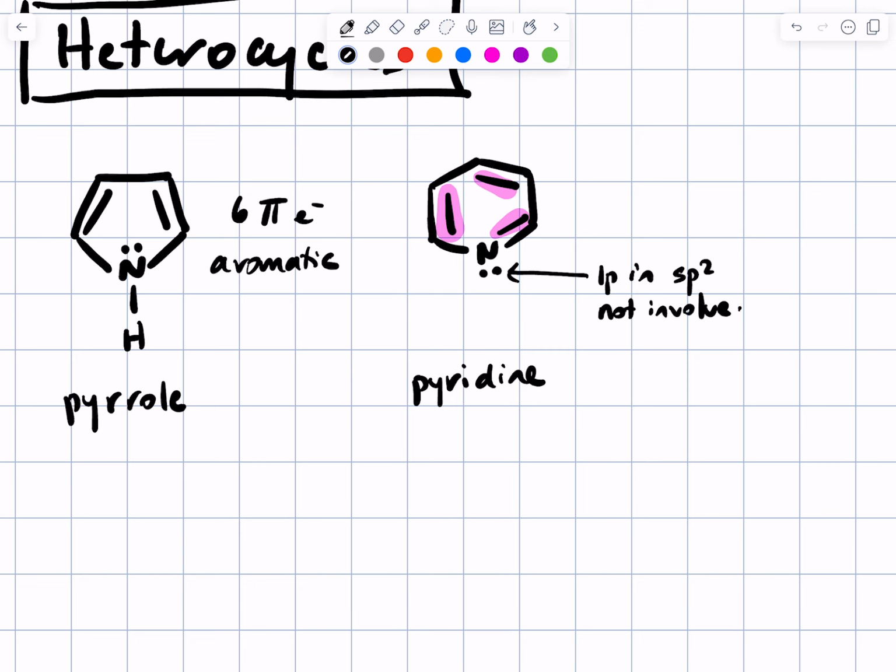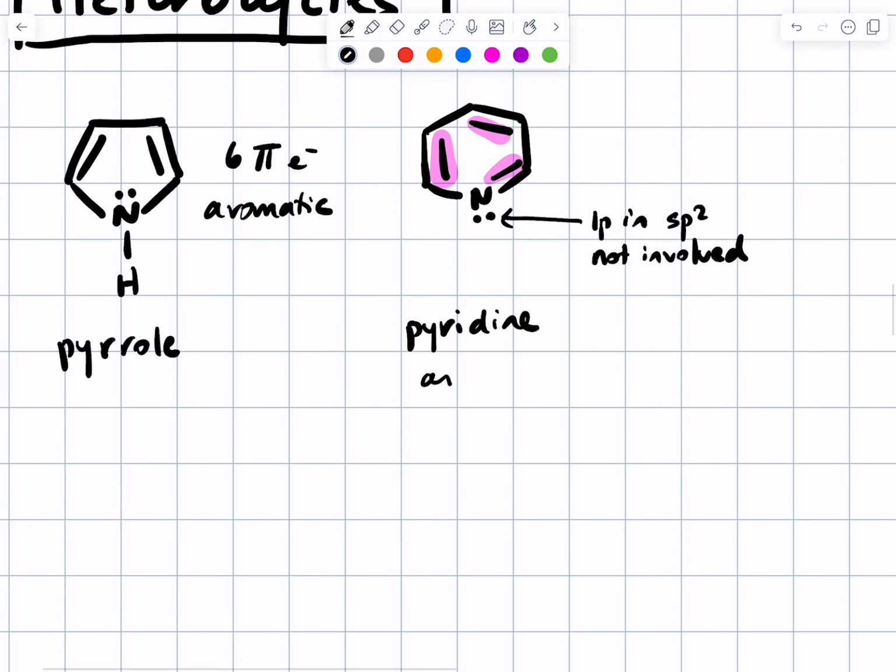And the ones on the nitrogen are not involved. So, pyridine is definitely aromatic. It has the right number of electrons. Notice also that because this lone pair is not conjugated, it should be relatively high energy. And therefore you would predict that pyridine is a base, that the lone pair on the nitrogen is basic.